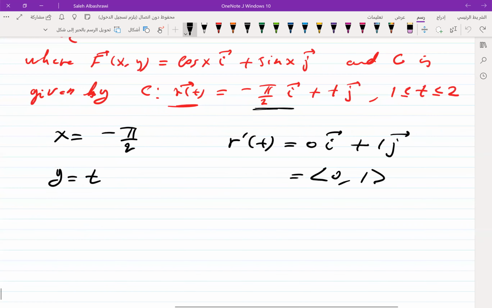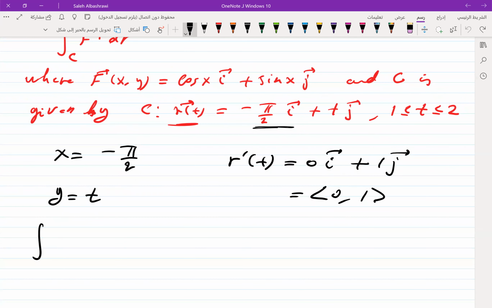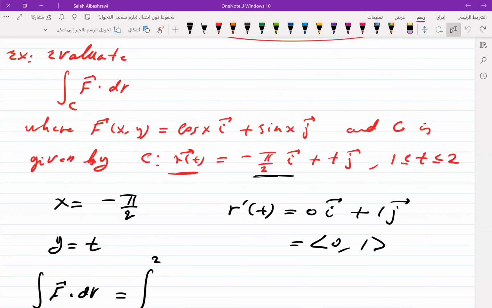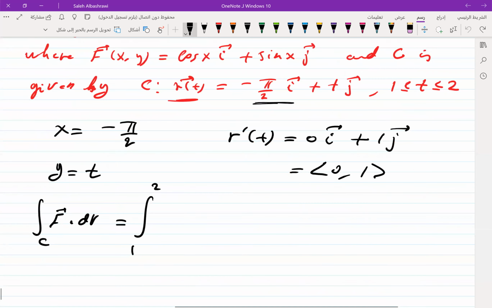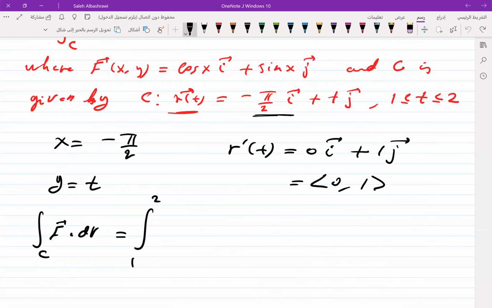So the integration of F dot dr on the curve C is equal to the integration from 1 to 2 of F of r of t. The formula says that F of r of t means just replace the component x with minus pi over 2.